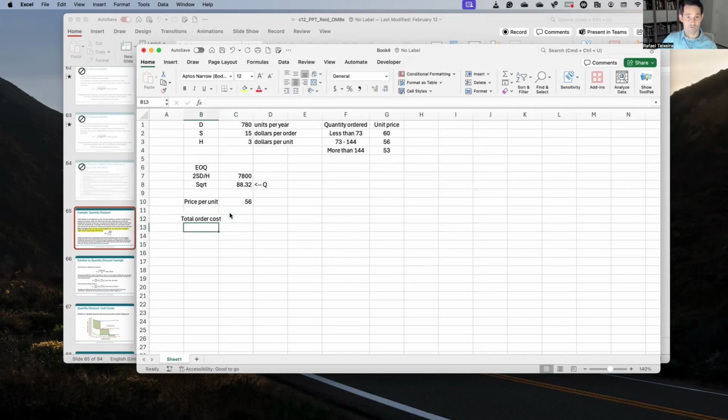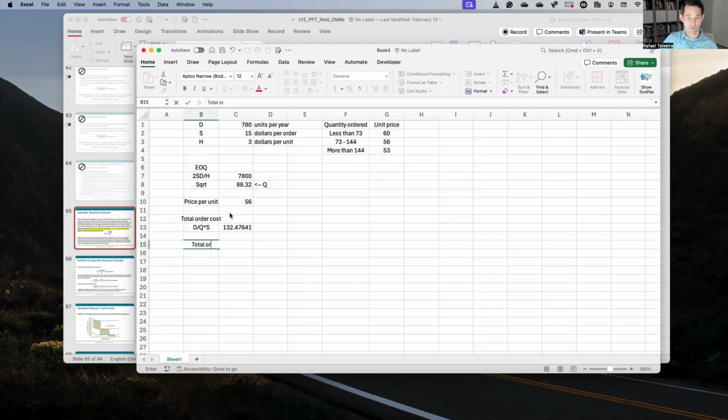My total ordering cost, remember, is my annual demand divided by my Q times my S. So that's equal to, let me put within parentheses, my annual demand divided by my optimal Q times the cost to place orders.